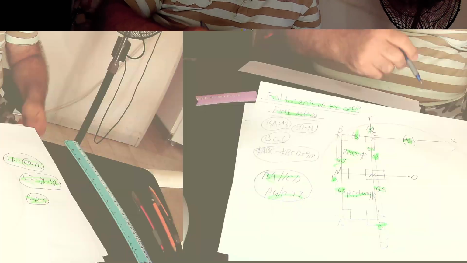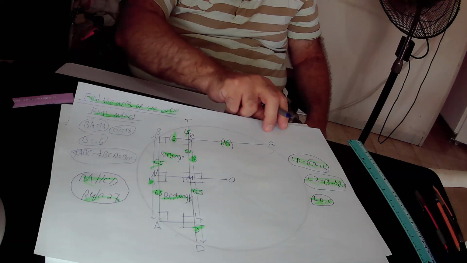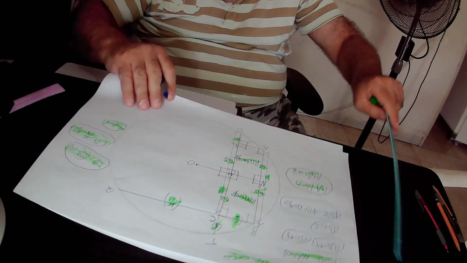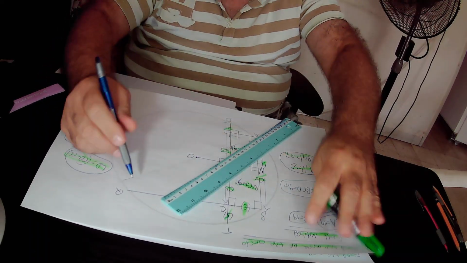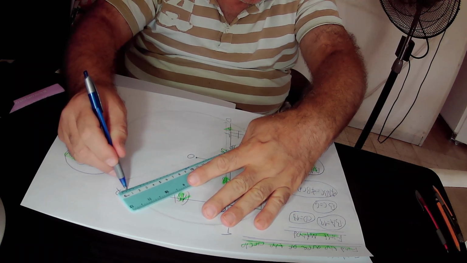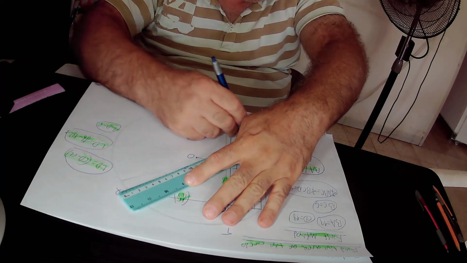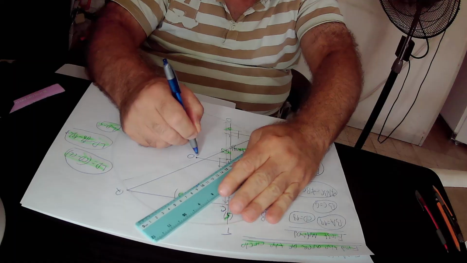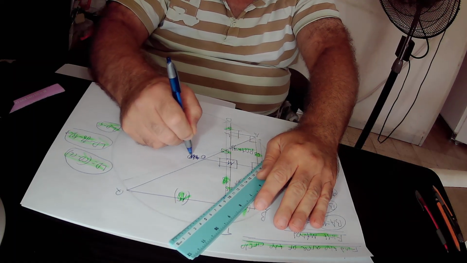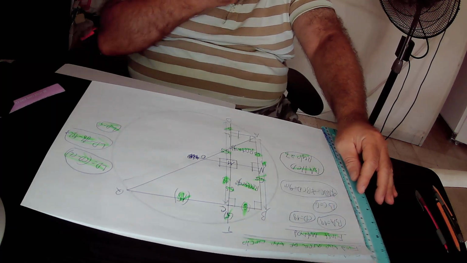So in the next step, we join points Q and A together by a straight line.